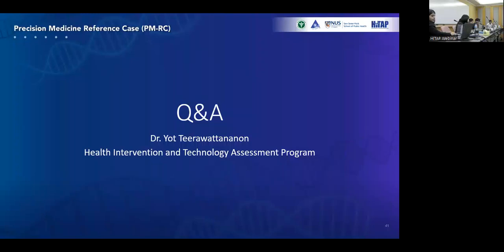And so for these three activities, we have drafted a manuscript for each of them: the systematic review, the methodology review, and the making of the reference case workshop, including the beta version of the reference case. So in response to Dr. Yao's question, you can find information about how we came up with this reference case through these publications.